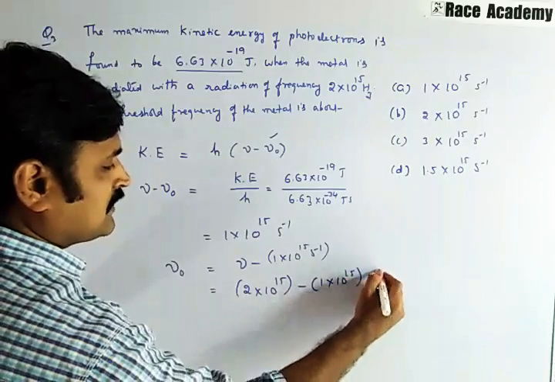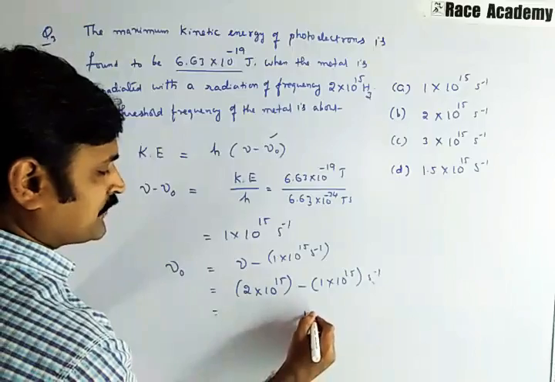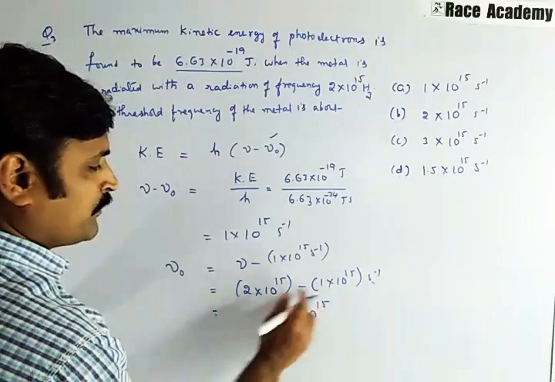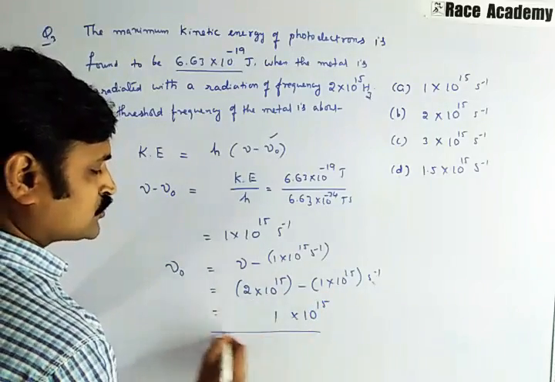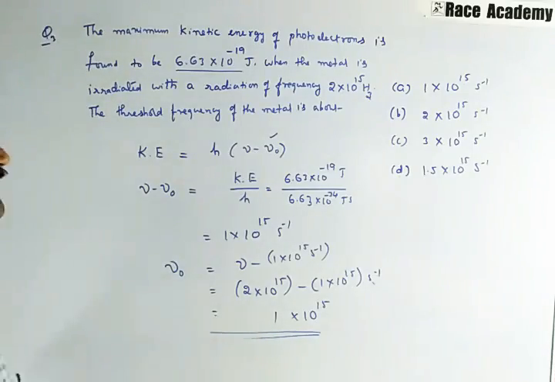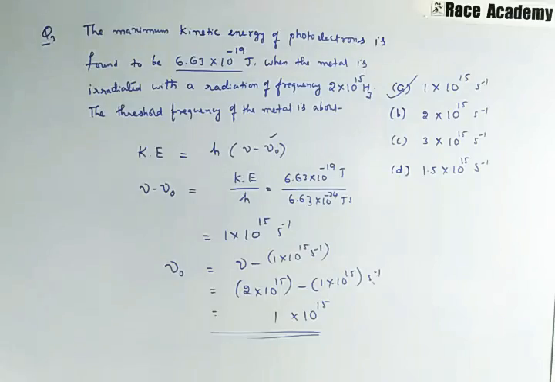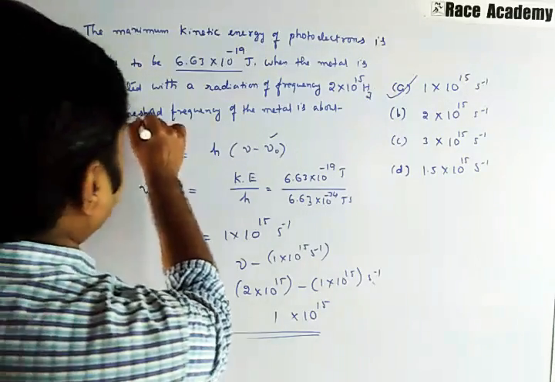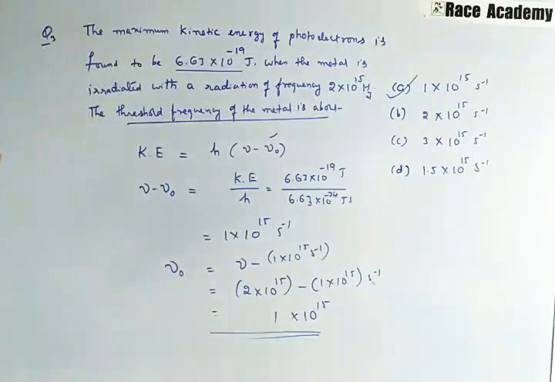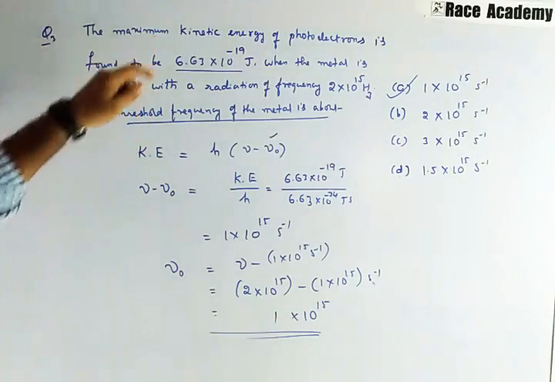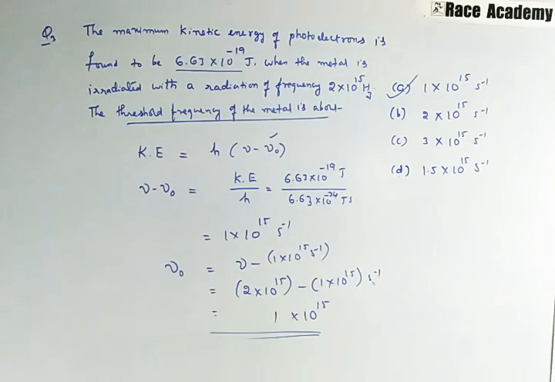The common value is 10 power 15 and 2 minus 1 will become 1. So 1 into 10 power 15. The first option is the right option for this calculation. So in this question we have calculated the threshold frequency of the metal by taking the maximum kinetic energy of the photoelectron given in the question.